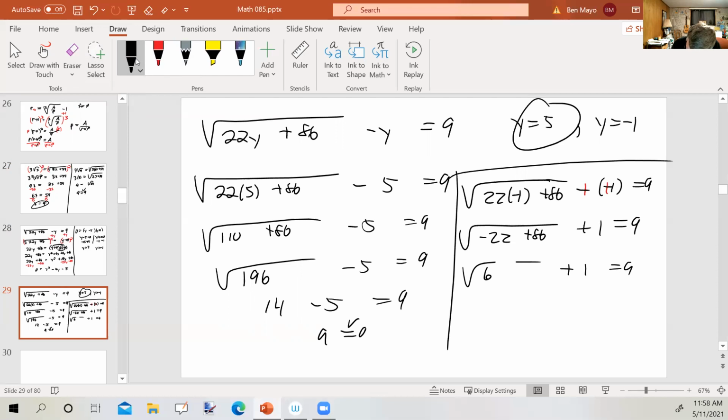I like that number a little bit better. So then we get 8 plus 1 equals 9, 9 equals 9, and it turns out that both of these work. Anyway, they both work.